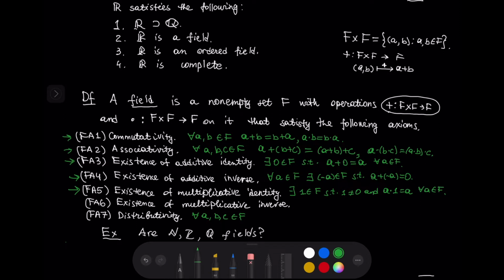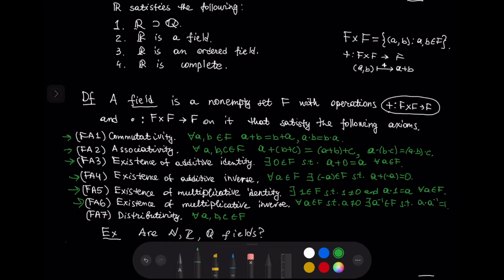The next axiom is the existence of multiplicative inverse. For every A in F such that A is not equal to 0, there exists A inverse in F such that A times A inverse is 1.